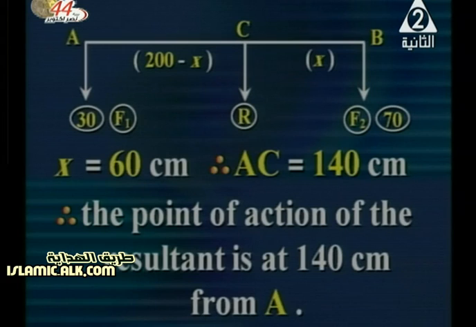After that, by using the theorem of moment about point C, F1 times (200 minus x) equals F2 times x. By substitution, F1 equals 30, F2 equals 70, we find x equals 60. Therefore, the point of action of the resultant is at 140 centimeter from point A.